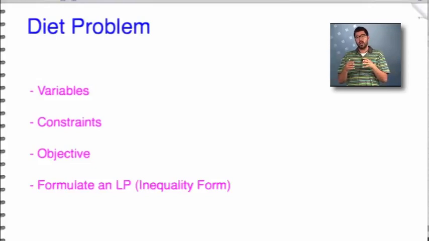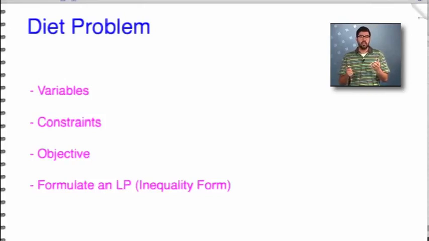And each item, each serving of food has a certain amount of nutrients, all right? Maybe it might have no vitamin A in some foods and then a lot of vitamin A in another food. And what we want to do is we really just want to find the cheapest combination of foods that will meet our needs to be a healthy meal.